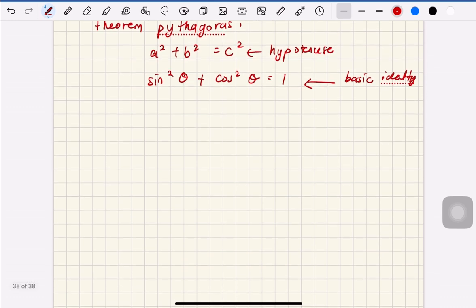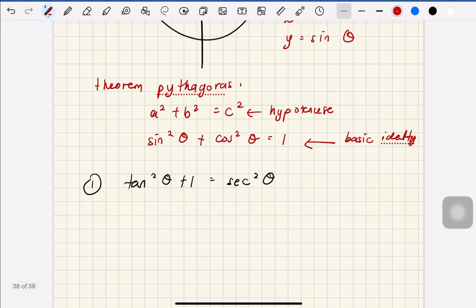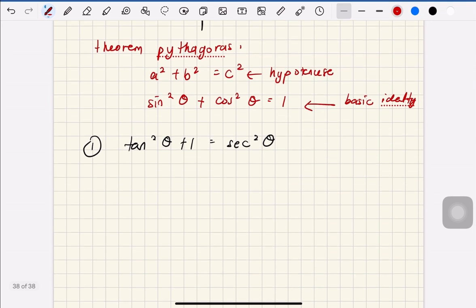Let's look at the next one. Let's do number 1: tangent squared theta plus 1 equals secant squared theta, and we have to derive this formula. Tangent, if you remember, is opposite over adjacent, correct?